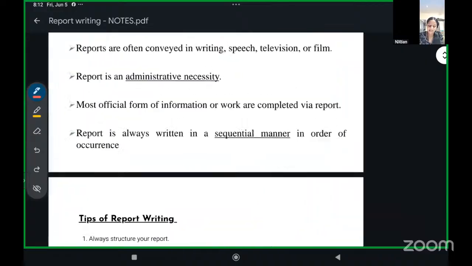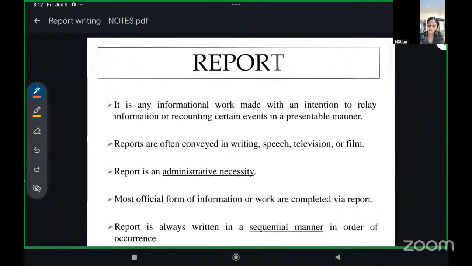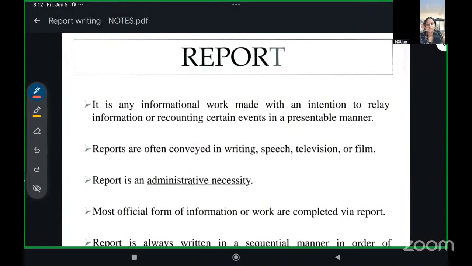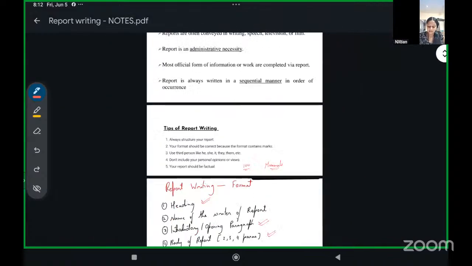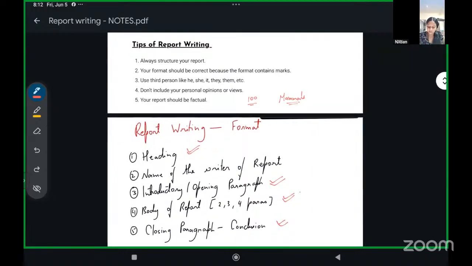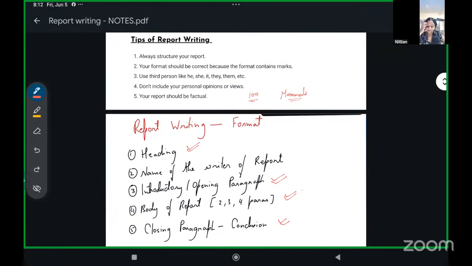If there is any doubt in report writing, you can ask me. You can check this. This is important. So far, no doubt. Ma'am, can you send the tips of report writing in the group?